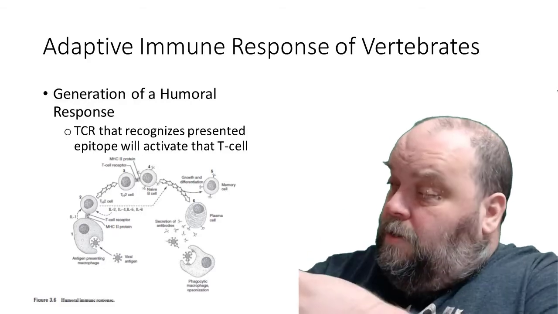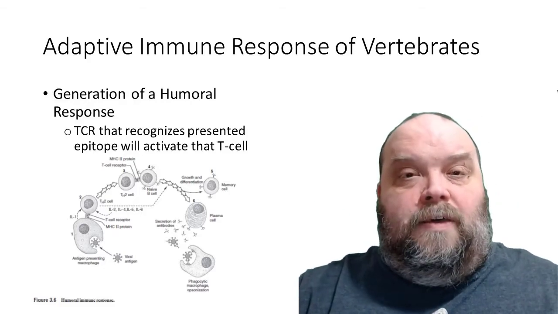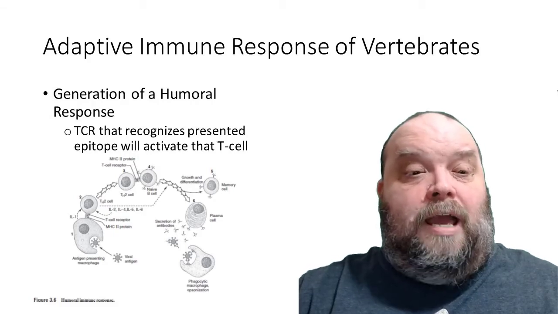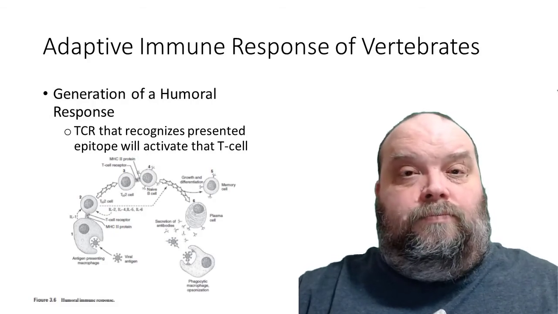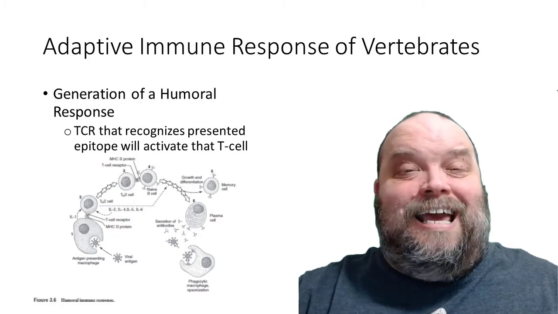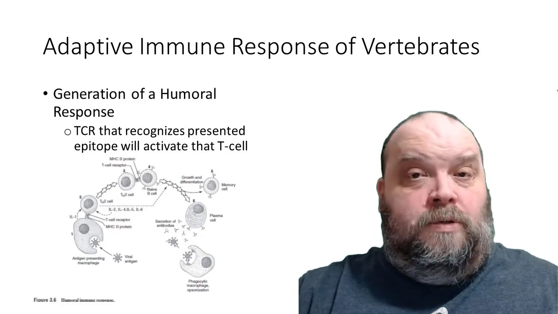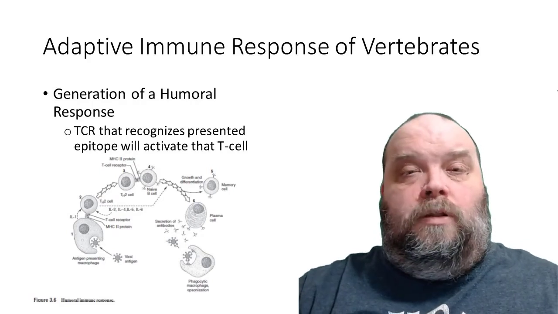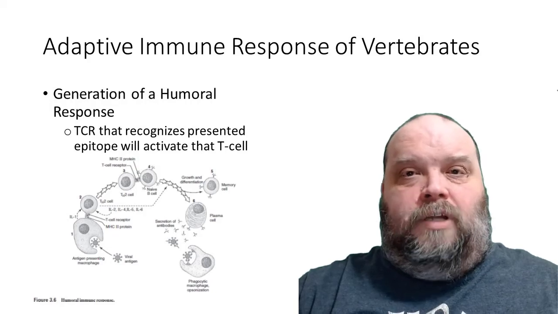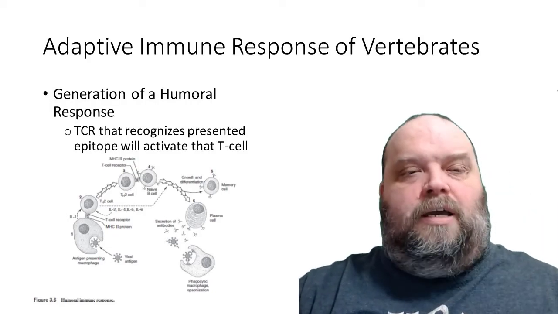And as you see in this figure there, when you move over and look at it, you'll notice that this means the T cell receptor, the T cell, here specifically a special type called a Th2, T helper cell type 2, will start releasing a long list of interleukins, those cytokines.